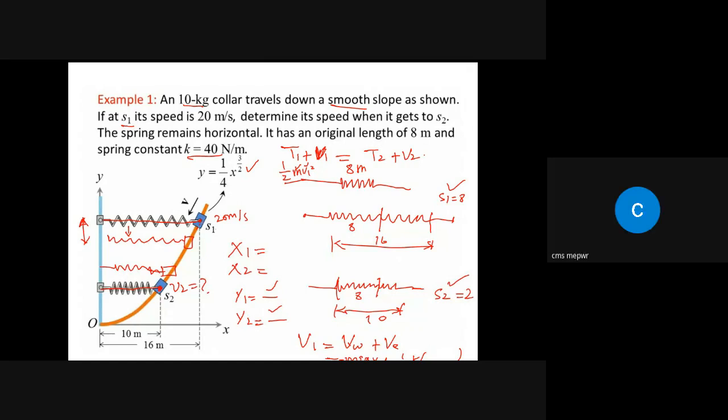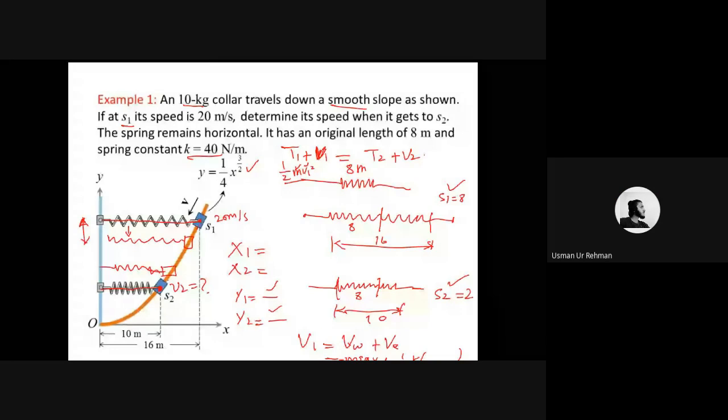We have to find the velocity at state 2. Sorry, I made a mistake. It should be S1, and this should be Y1, right? Yes, sir. This should be Y1. This should be S1.